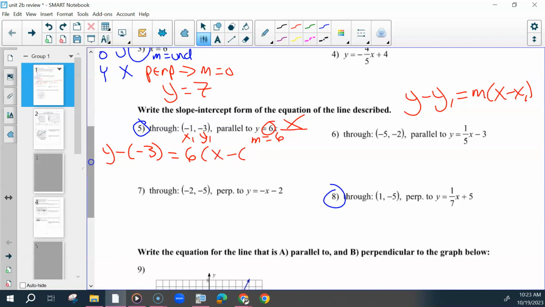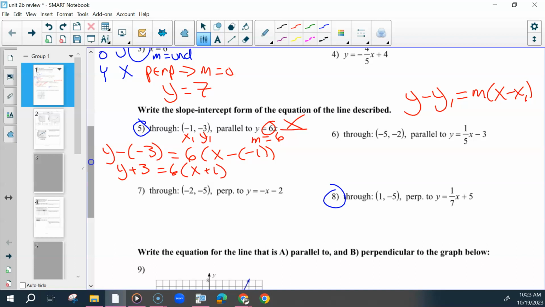So what's our first step? We will distribute, but we need to do something else first. Make it a plus. So we do that on both sides. Y plus 3 equals 6 times x plus 1. Then distribute.